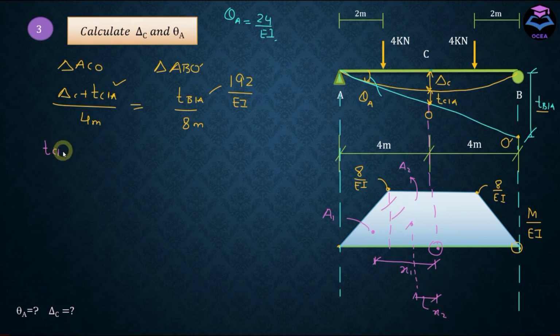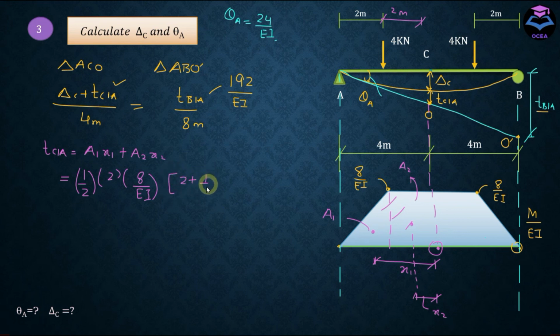So TC/A is equal to A1 X1 plus A2 X2, and A1 is equal to the area of triangle, which is equal to half into base into altitude. Base is equal to 2 and altitude is equal to 8 over EI. And X1 here is equal to 2 meter plus 1/3 of 2.